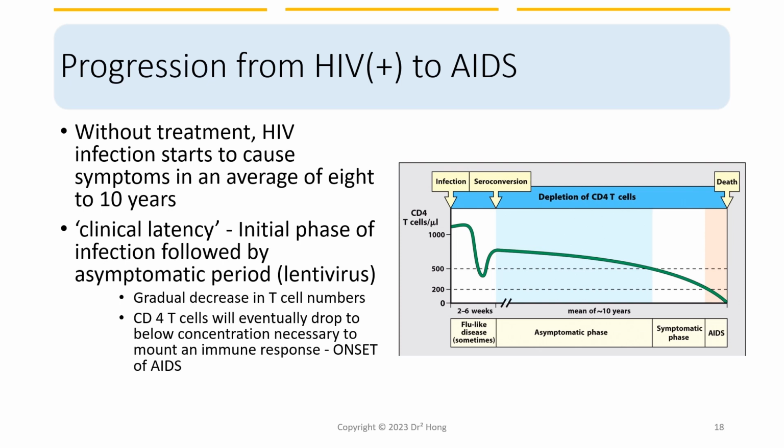As the CD4 T cell count drops, the immune system becomes increasingly weakened, and the individual becomes more susceptible to opportunistic infections and cancers. Eventually, the CD4 T cells drop to a concentration below the level necessary to mount an immune response, marking the onset of AIDS.